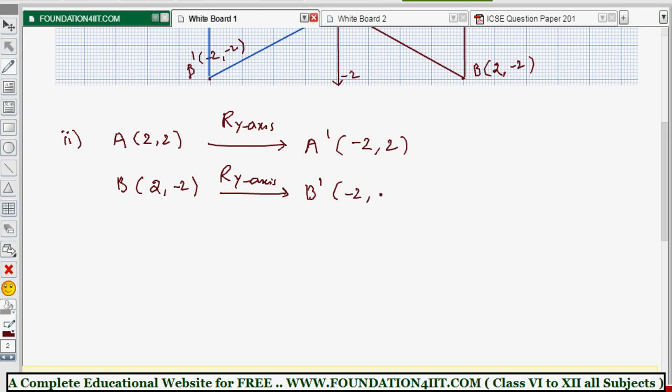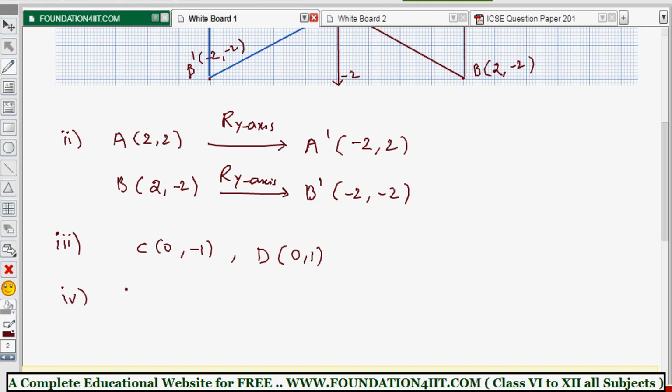So B dash is minus 2 comma minus 2, right? And the 2 invariant points under the reflection they asked are C 0 comma minus 1 and D is 0 comma 1. Invariant means there is no change.